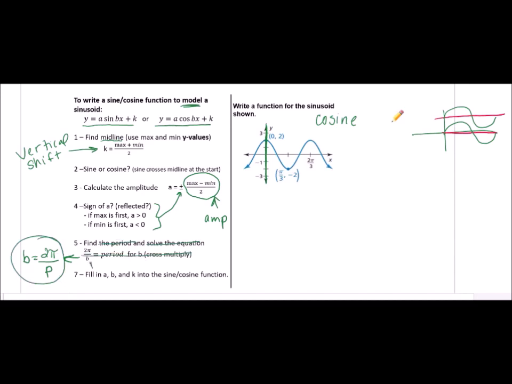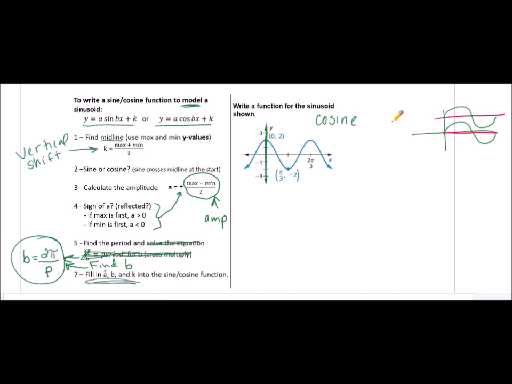Oh, you still have to find the period from the graph, sorry about that. You don't need to solve an equation for it because I solved it for you and just gave you a formula for B. Then you just have to fill in everything.